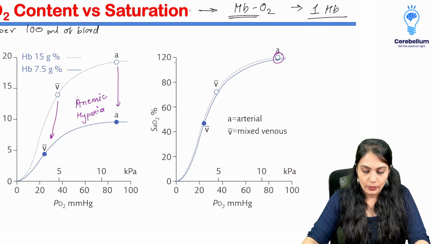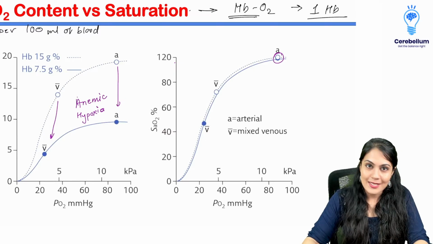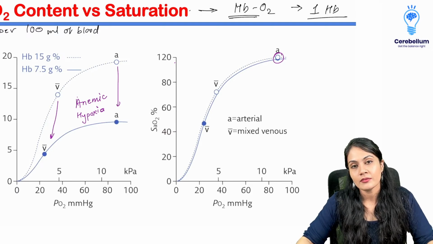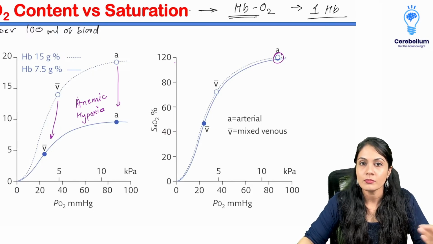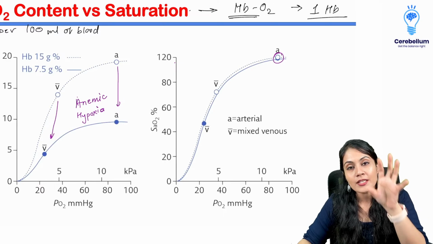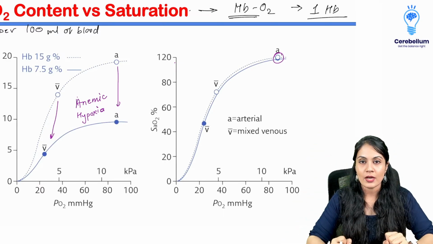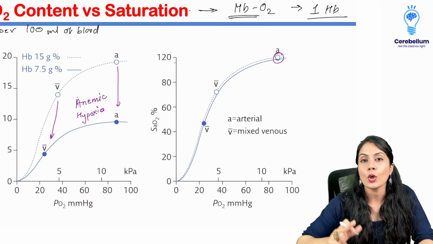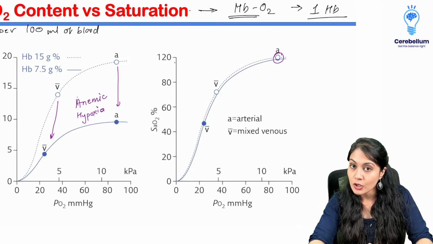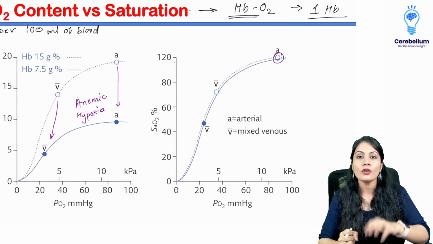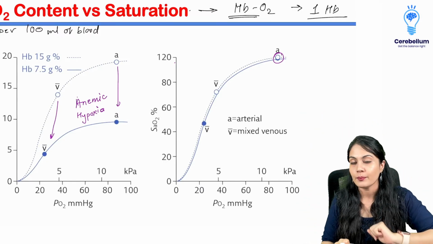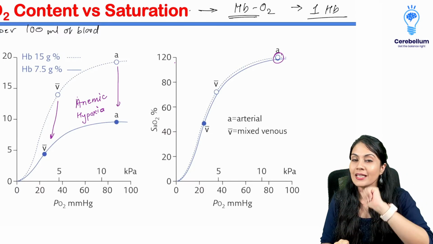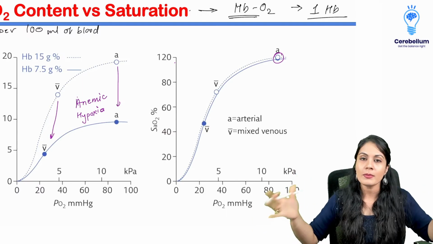Okay. Now, if I talk about the venous side, since the tissue requires 5 ml per 100 ml of blood, if it requires a particular amount of oxygen, it is going to extract it, but overall content is lesser. Again, listen to me. Overall content is lesser, saturation is normal. So it is going to extract more oxygen from whatever hemoglobin is available. So if, let's say, only 2 molecules of oxygen were going from one hemoglobin, now the overall hemoglobin is lesser.